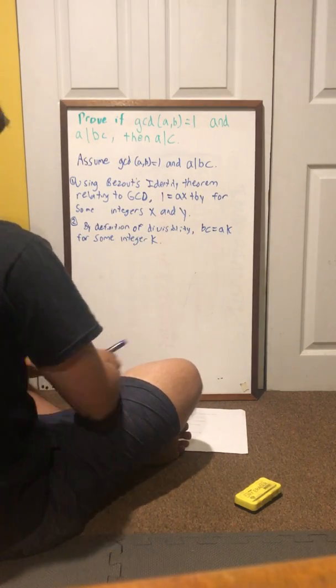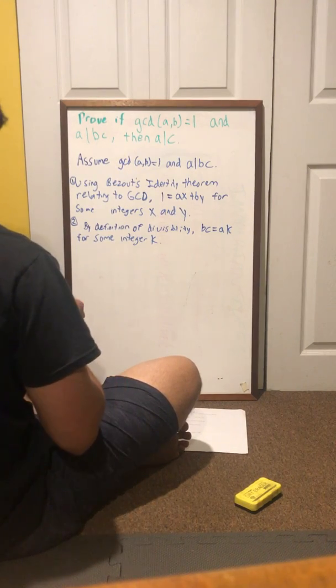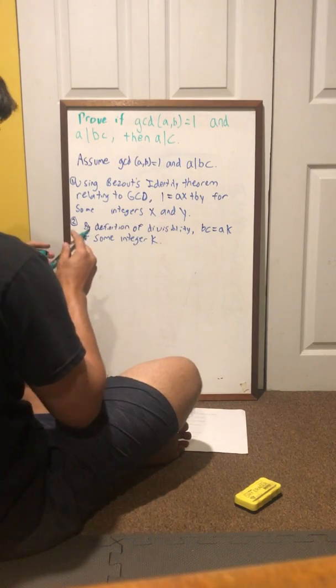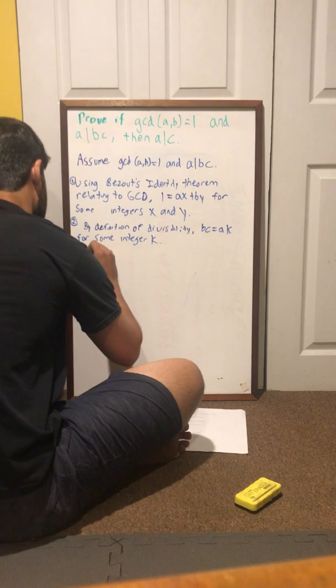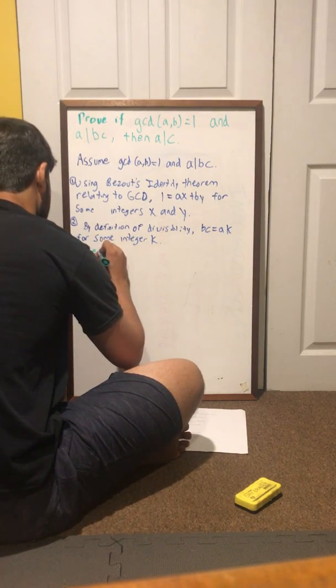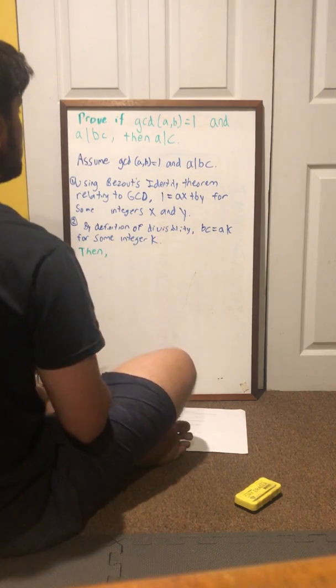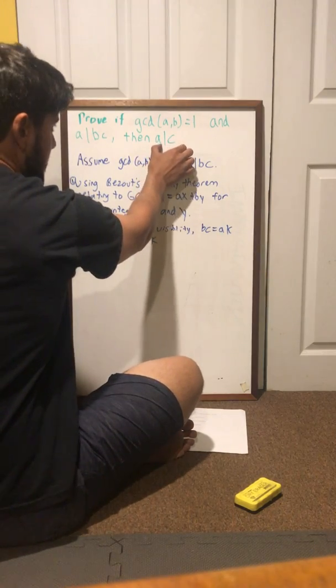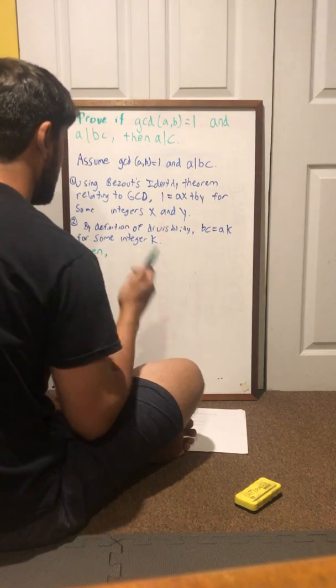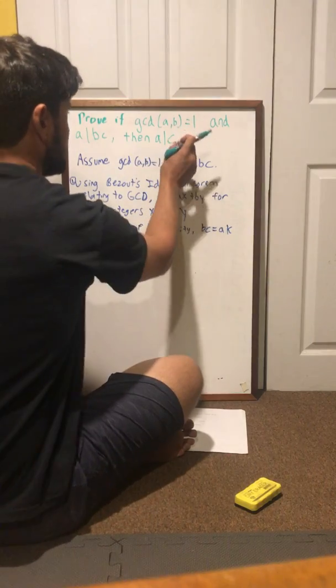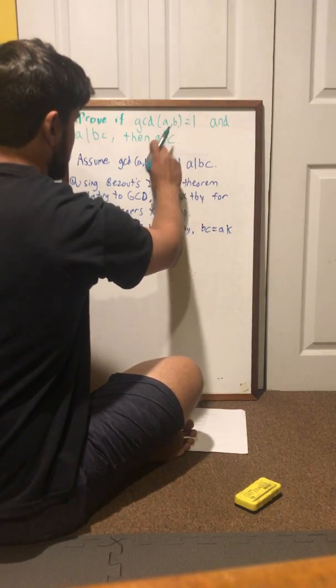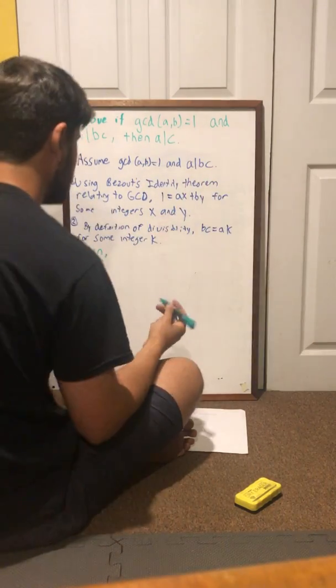Now we're going to get to the next step. Knowing that our goal is A divides C, we know that C is going to be equal to A times some integer.